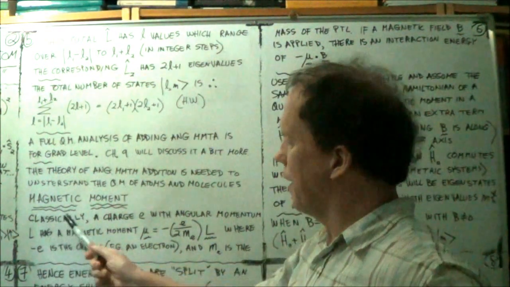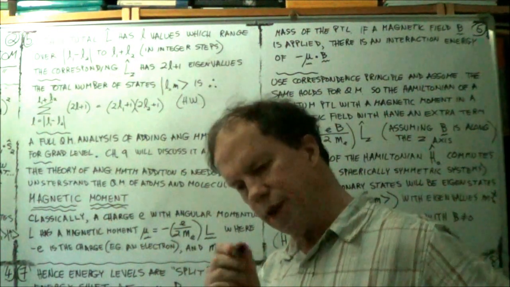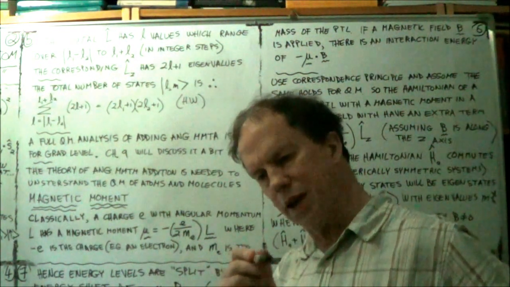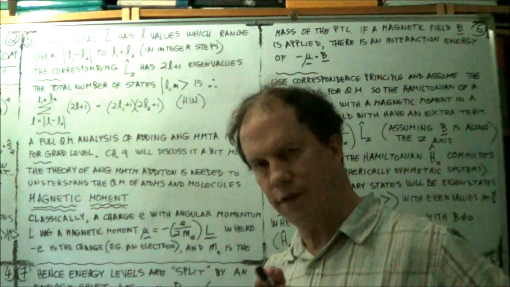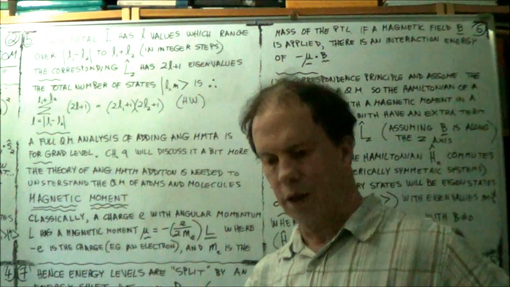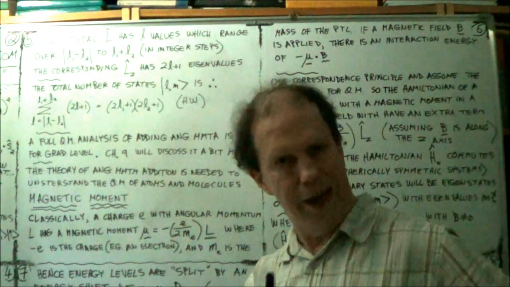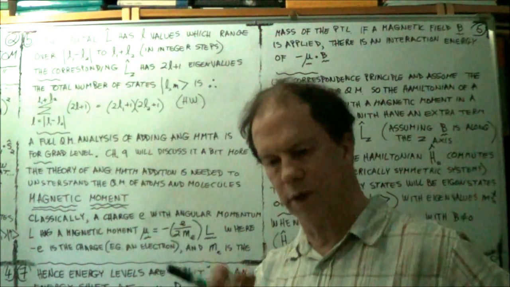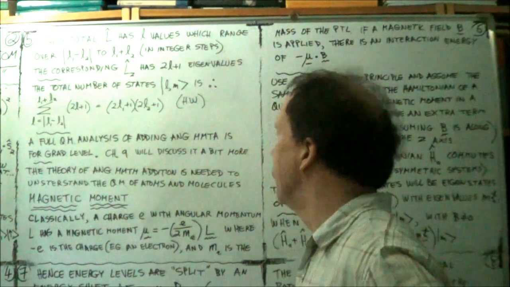So starting classically, if you have a charge and it's whizzing around, rotating somehow, that whizzing charge behaves sort of like a magnet. So if you put that whizzing charge in a magnetic field, it will behave as though it were a little magnet, right? The magnetic field will act on it as if it were a magnet.